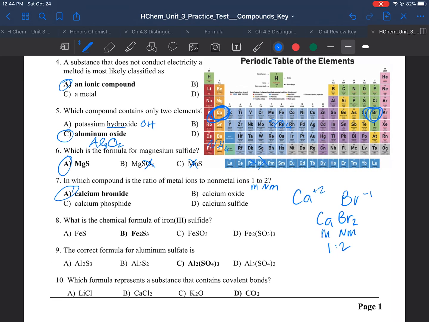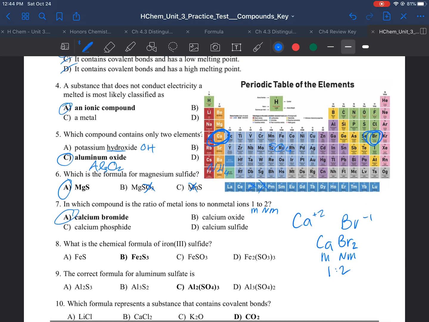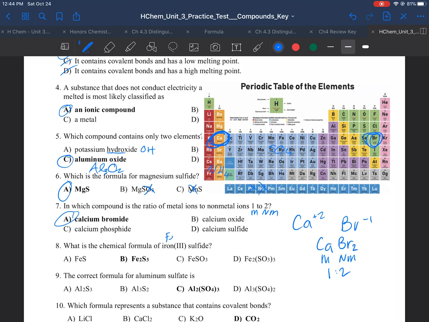What is the chemical formula of iron 3 sulfide? Well, iron 3, that 3 denotes the charge, so we know we're working with a +3. Sulfide is, I'll switch color here, in red, in the -2 column.